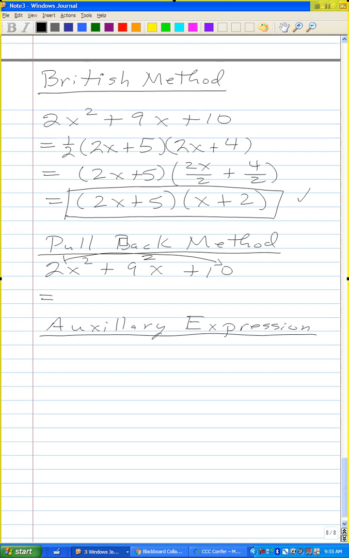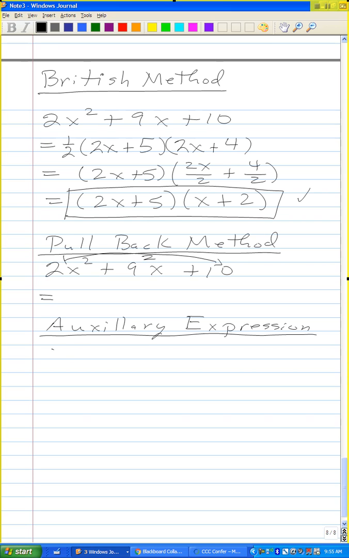When I do that, I'll multiply. So this notation means when this little arrow is here, it means multiply this number, 2 times 10. Whereas this arrow here means divide that 2 by 2.